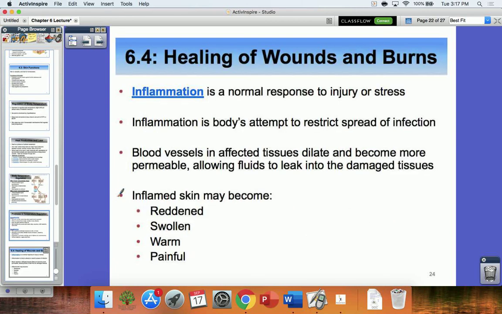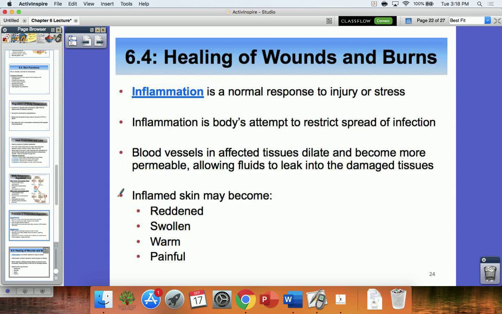So the next section is going to be on wounds and burns. Whenever we have the skin and it's damaged, remember we said the skin is the body's first line of defense. And so whenever the skin is damaged, it has to do something that's going to help protect the body.